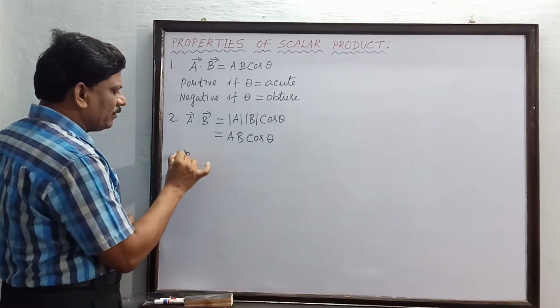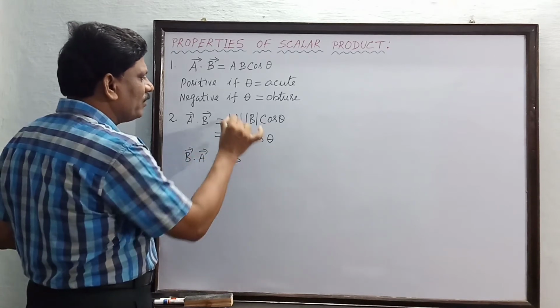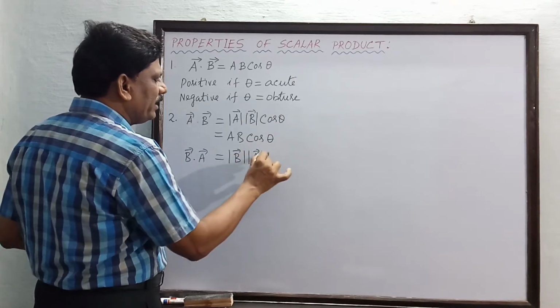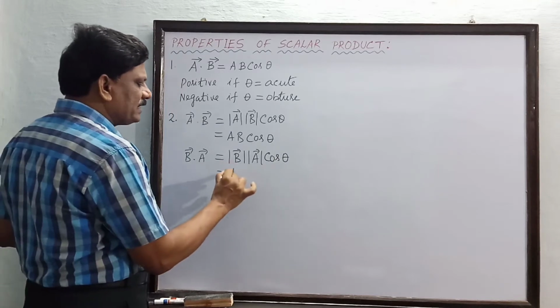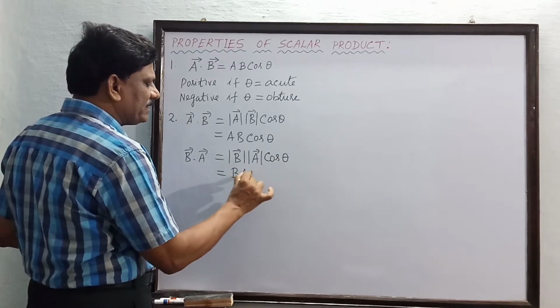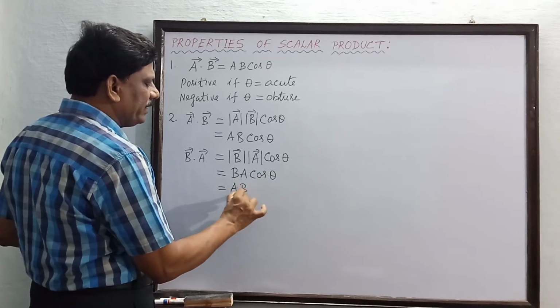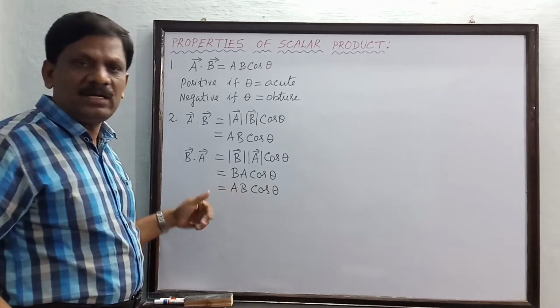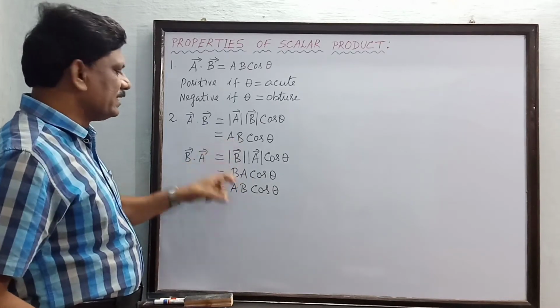B dot A is equal to modulus of B into modulus of A into cos theta. So this is once again equal to A into B into cos theta. Only the terms are written changing the order, that's all. So both are one and the same.